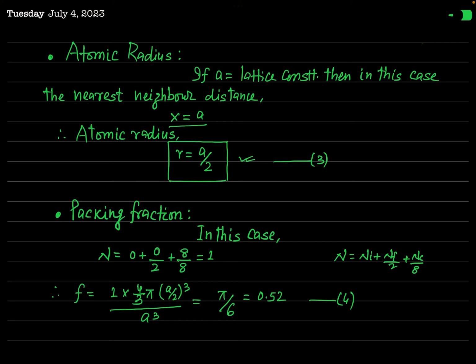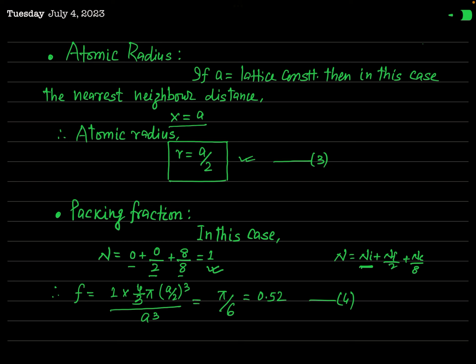So ni, which represents the number of lattice points inside, at the center of the lattice, is equal to 0. There is no lattice point even at the center of the faces, so nf is also 0, and the second term will be 0. But there are lattice points at all the 8 corners, so nc is 8. So this is 8 over 8, and so n is equal to 1. This calculation you have already seen in the previous lecture.